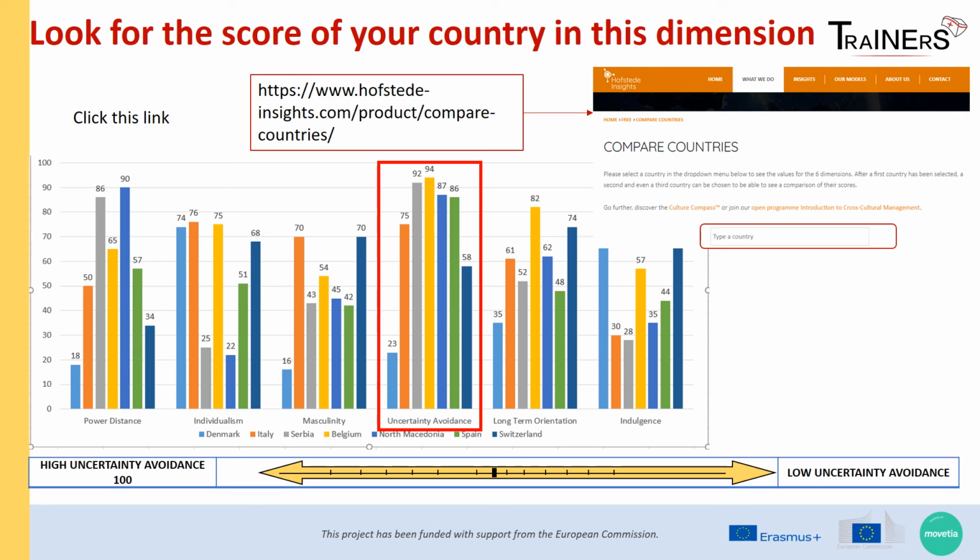But if you want to be more precise and you want to know the score of this dimension in different countries, you can click this link and go to the website, where you can type the countries you want to compare. You will obtain the score of each country per dimension, where 100 indicates the highest score in uncertainty avoidance and 0 the lowest in this dimension.